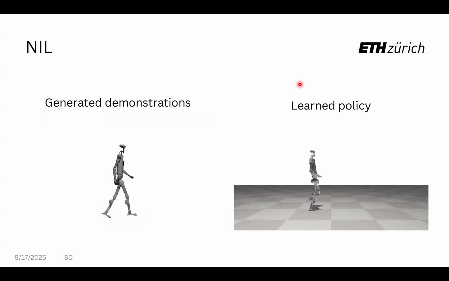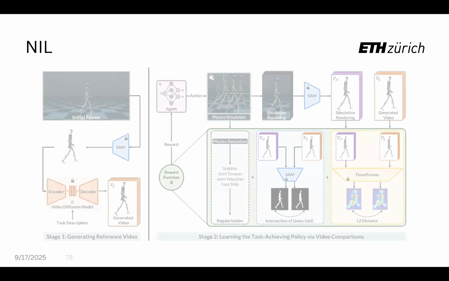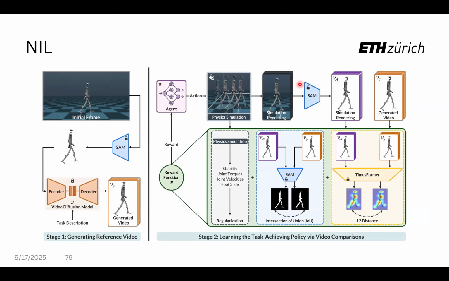I think what we're using is also relatively earlier models, such that we don't have very nice generated motions. But nowadays, since we have way better, stronger models, we hope we can generate not only better videos, but also better embeddings, such that this reward computation with L2 distance makes more sense.